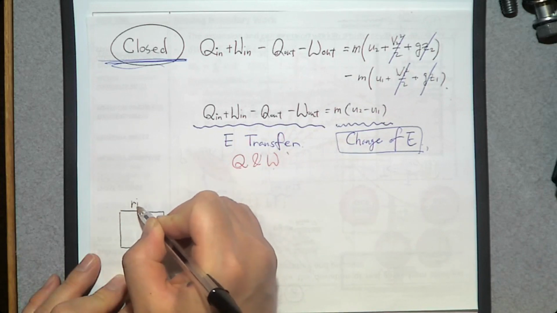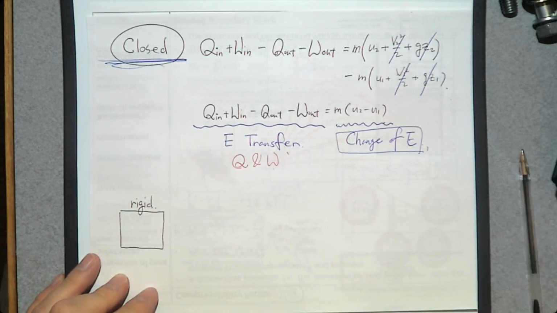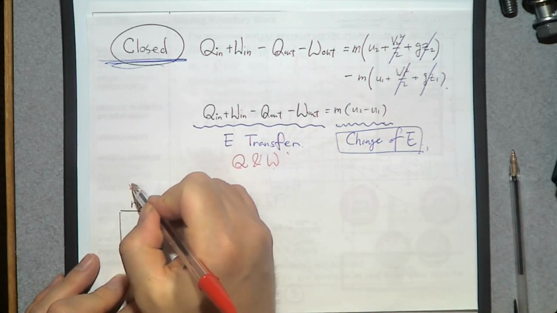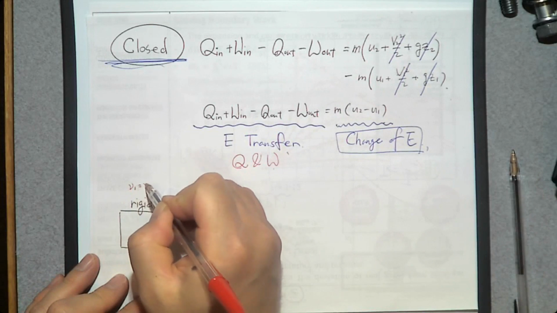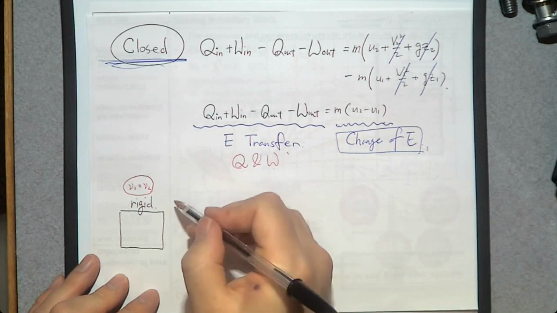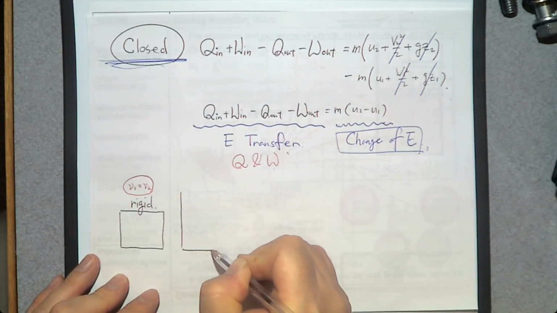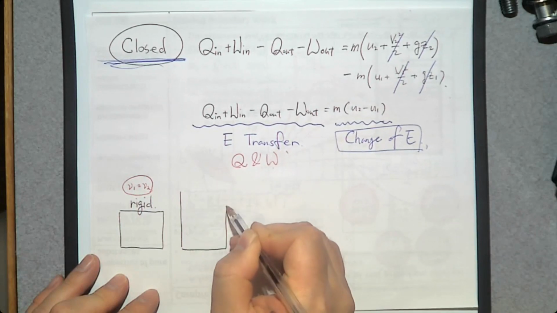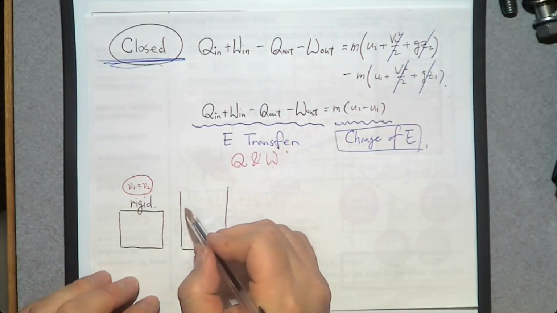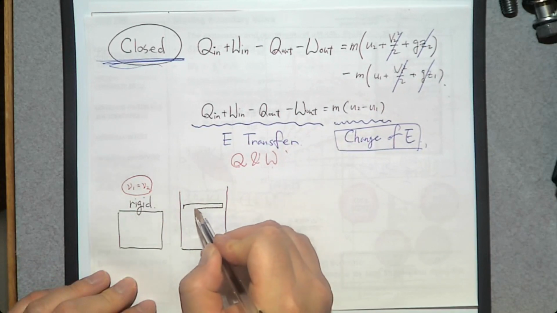this is a rigid container. So that means that volume is constant. V1 is the same as V2. And what about if we have this piston cylinder device? The difference between a rigid container and a piston cylinder device is that its volume can change.